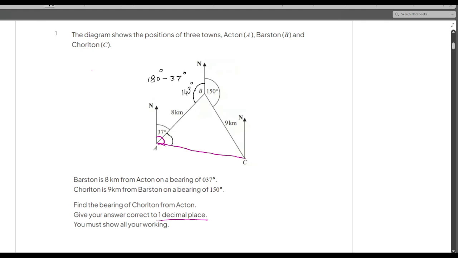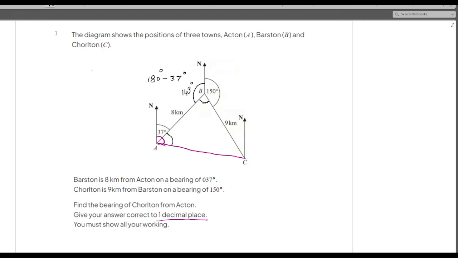Then to find out this angle A, because in this triangle nothing is given, what I can do, I can find out angle ABC. The total angle at B will be 360 degree.